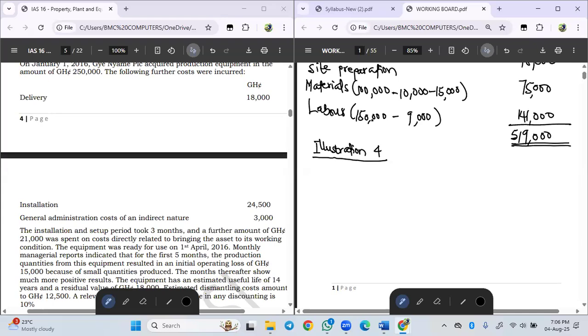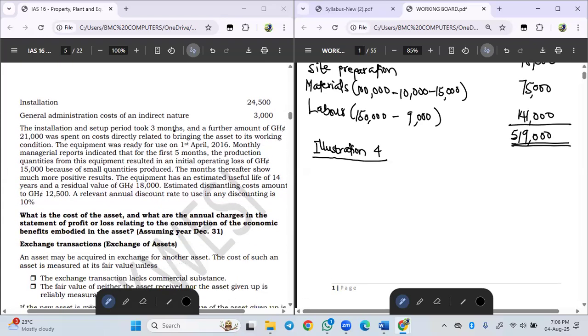The equipment has an estimated useful life of 14 years and a residual value of 18,000 cedis estimated. Can you please scroll up? 18,000 cedis. Okay, 18,000 Ghana cedis. Estimated dismantling costs amounts to 12,500 cedis. A relevant annual discount rate to use in any discounting is 10%.